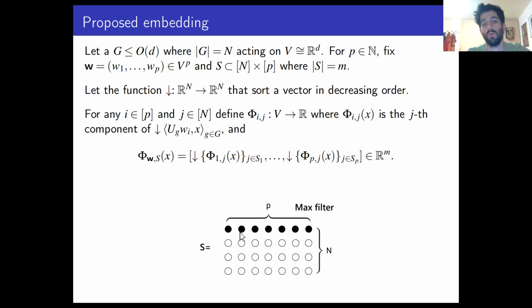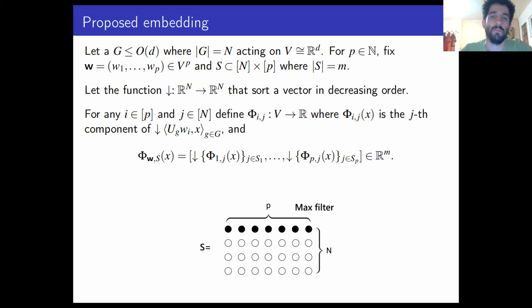We take the co-orbit of w_2, sort it, take the first element. What we want to see is what happens if we don't take just this first element, but any arbitrary subset of [N] times [p].